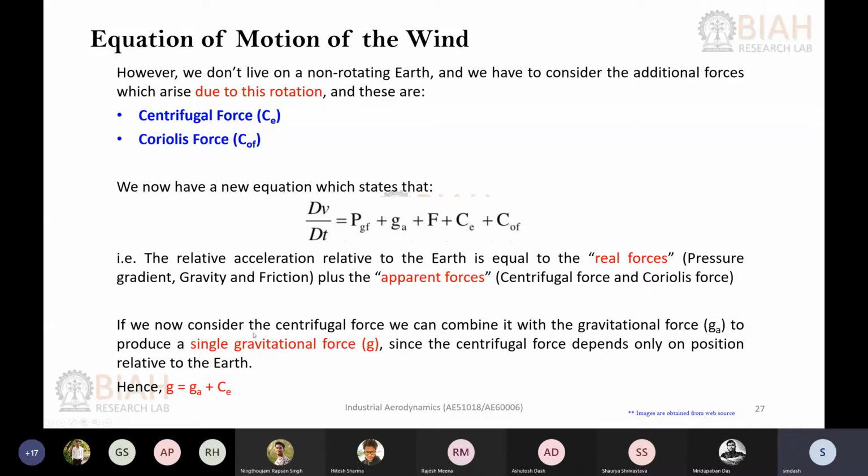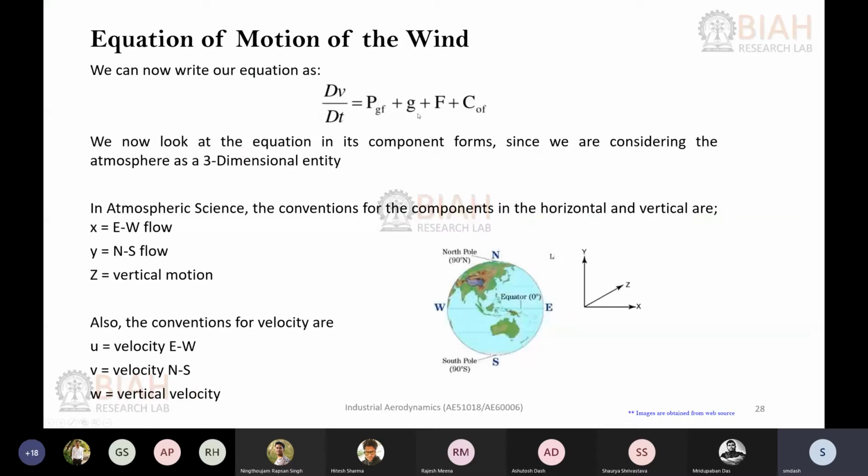If we now simplify this equation further by taking the gravitational acceleration and the centrifugal force together, g will be equal to g_a plus C. We combine g_a and C and define another gravitational acceleration, and then we can rewrite this equation in a simplified way.